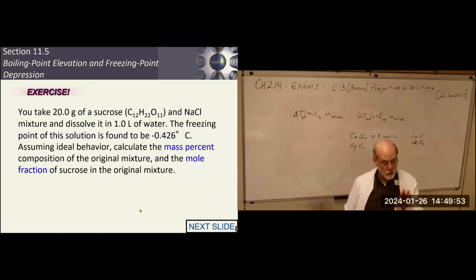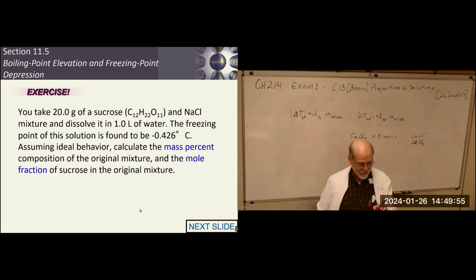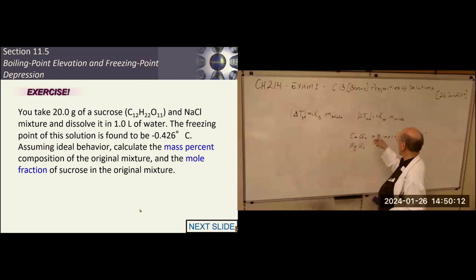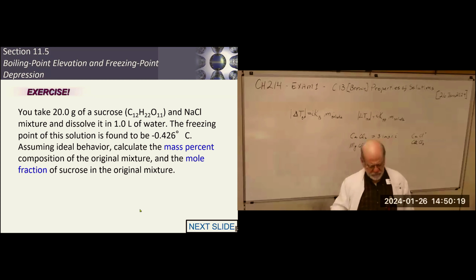You just know the total is 20 grams, dissolved in 1 liter of water. The freezing point of your solution is found to be 0.426 degrees C below normal. So the delta T is 0.426. And then we need a value for freezing point, melting point, freezing point, same thing.